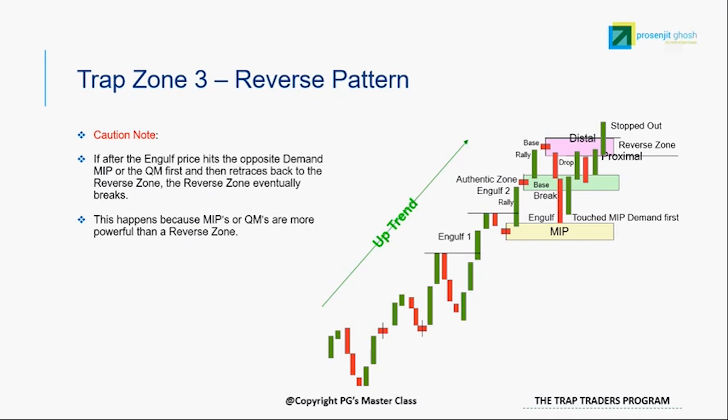This happens because MIPs or QMs are more powerful than a reverse zone. So that is the reason if price directly hits a MIP and then is coming up to your reverse zone, you may decide not to take the trade, or if you are in, then immediately close the trade at the de-risking point.